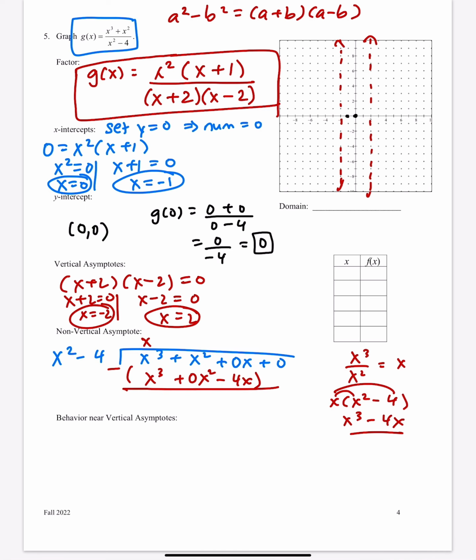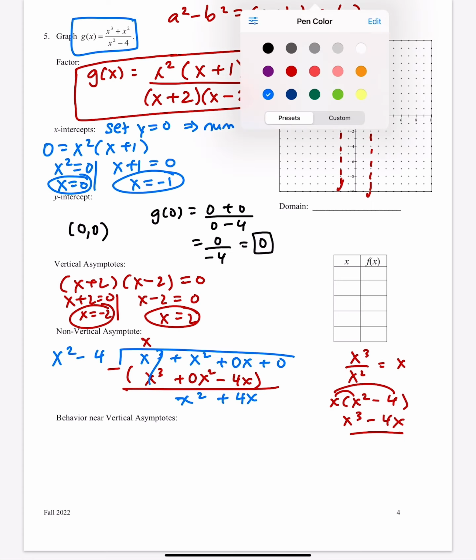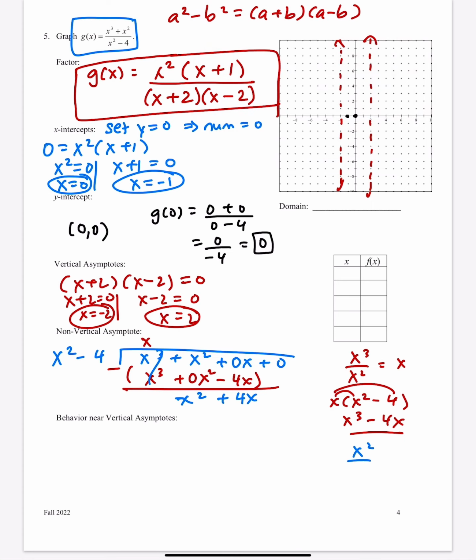And then I just subtract them. This goes away. x squared minus 0 is going to be positive x squared. 0x minus negative 4x is positive 4x, right? And then I do it again. So I look at x squared, I divide it by x squared, that's just 1. So therefore, it should be a plus 1 on top.